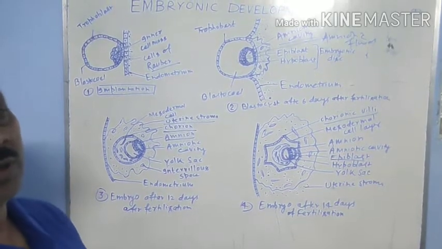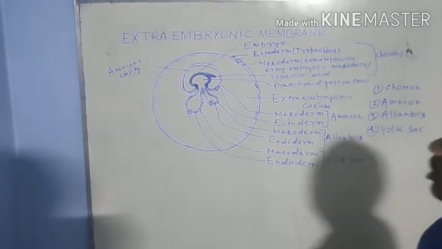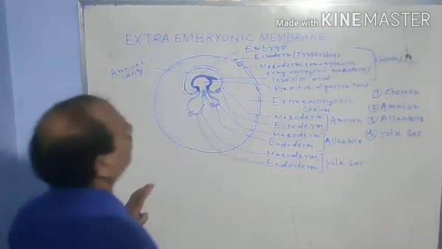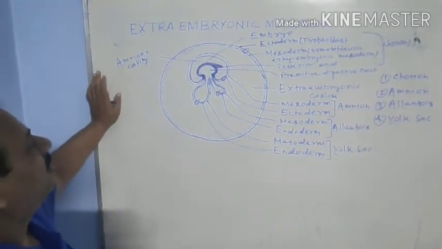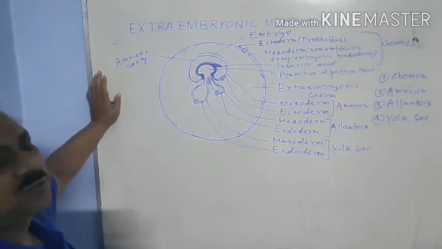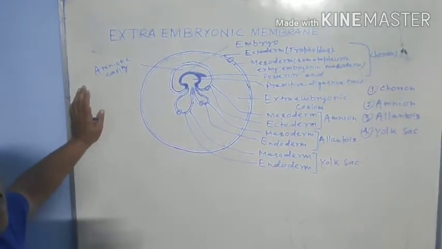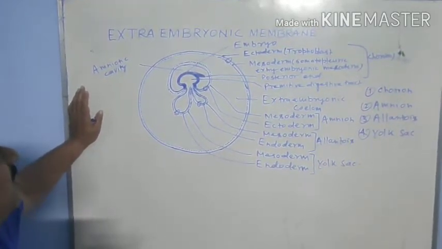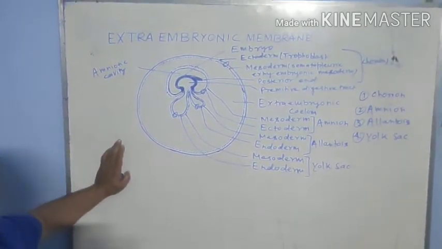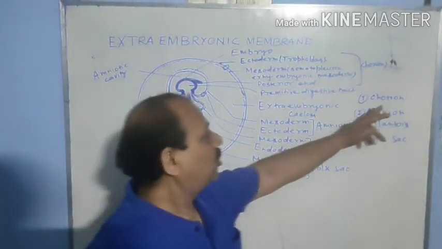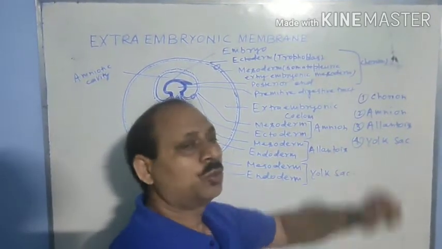These membranes are known as extra embryonic membranes. They are developed by the embryo for its own protection. There are 4 extra embryonic membranes: chorion, amnion, allantois, and yolk sac.